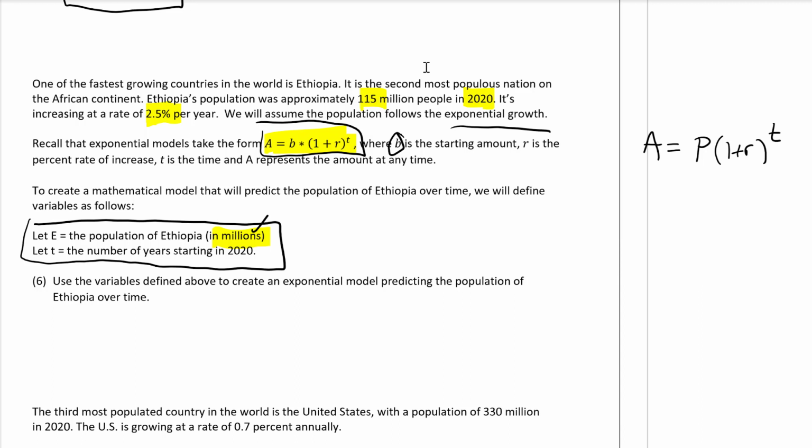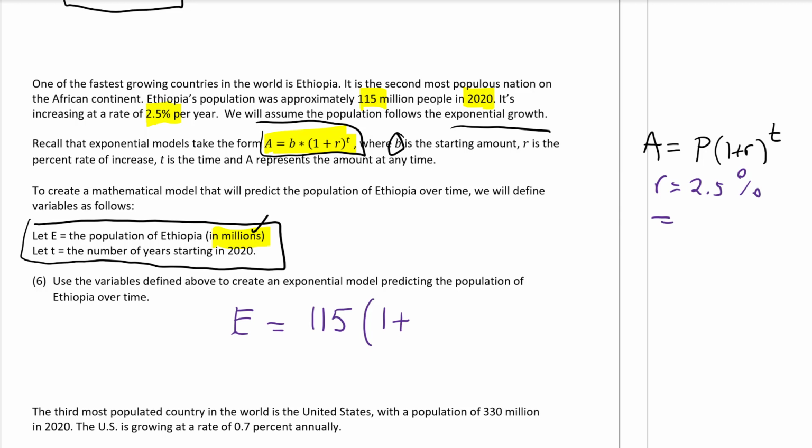The model here is the population of Ethiopia is going to be the starting population, 115 million. We're not going to write it in expanded form, just leave it in millions. And it's going to be 1 plus the rate. Now, be very careful with the rates. Be very careful with the percent. So the percent of 2.5 means very careful.